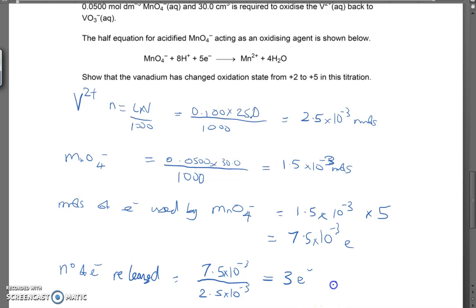So therefore we can see that as the vanadium started off at 2+, it has now gone to vanadium 5+, because each vanadium 2+ has lost 3 electrons. And that's probably the easiest way to approach this.